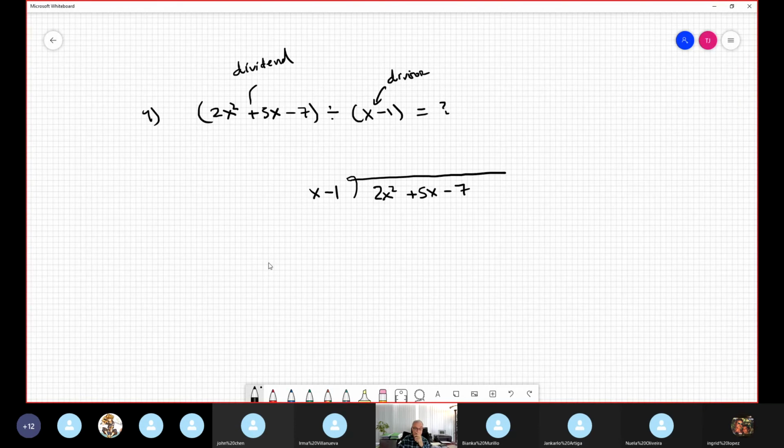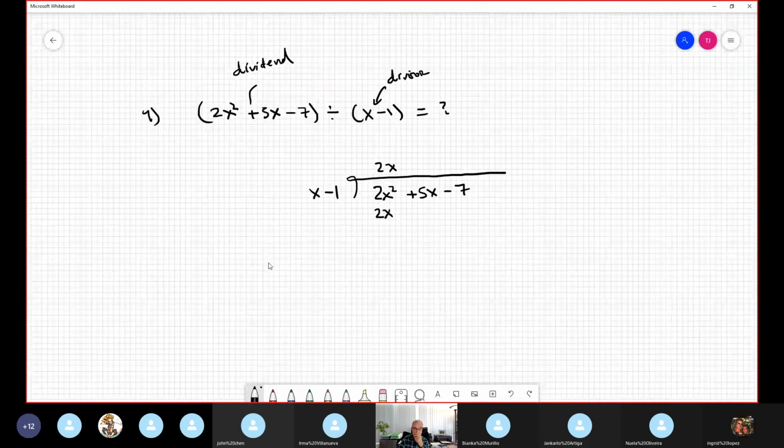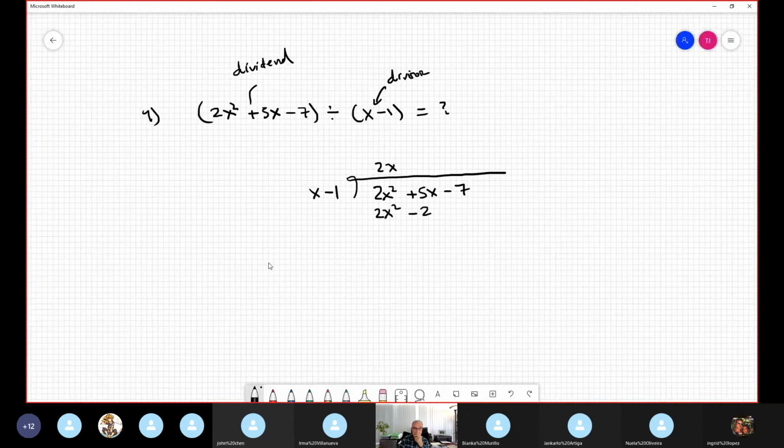So now I suppose it's 2x, because 2x multiplied by x is 2x squared, and 2x times negative 1 is minus 2x. But you always need to subtract. Remember the procedure of the division is multiplication, subtraction, multiplication, subtraction. This cancels out. And this is 7x. Bring down the last 7.